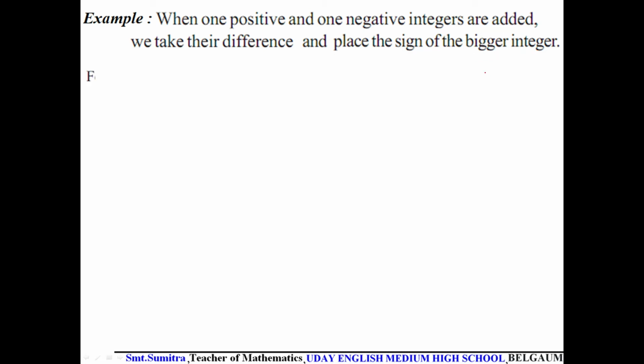You see one example. Minus 56 plus 73 is equal to plus 17. Why plus 17? Because 73 is the bigger number, its sign is given. Plus 17. One more example you see.